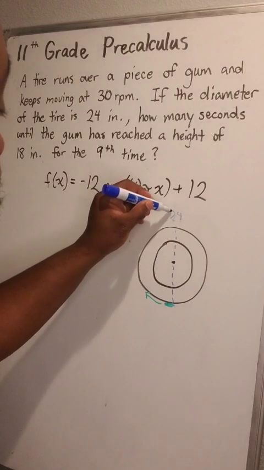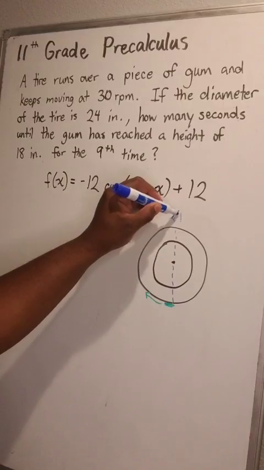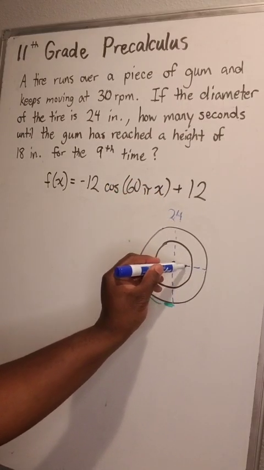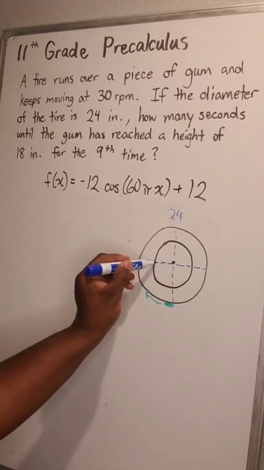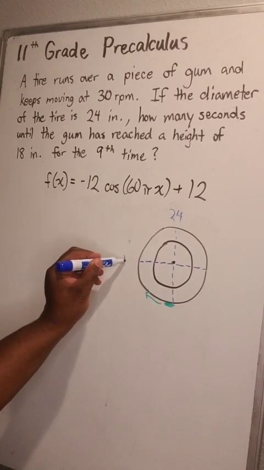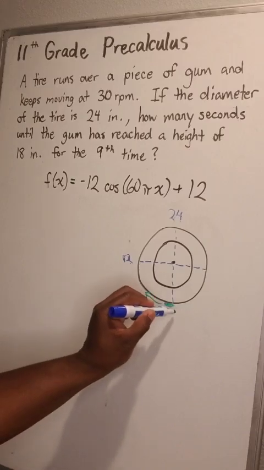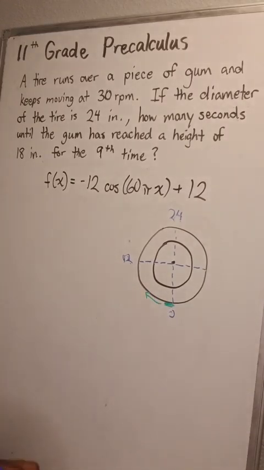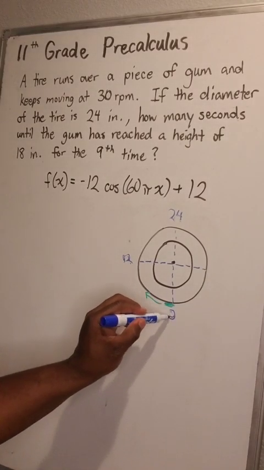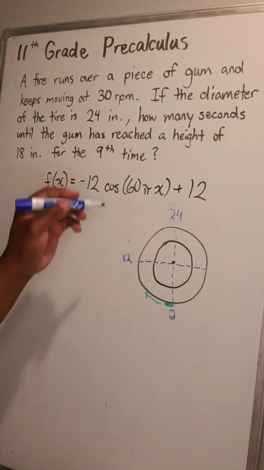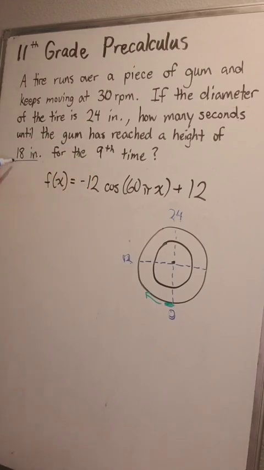So if the top here is 24, then this horizontal diameter here will be 12 because that is halfway up, because 0 is down here on the ground or at the bottom. And we're looking for the height of 18 inches.